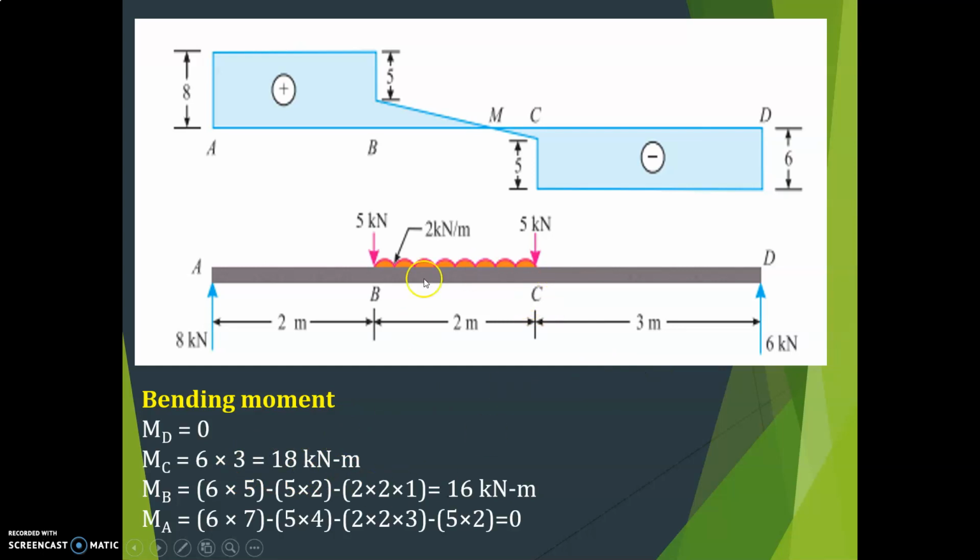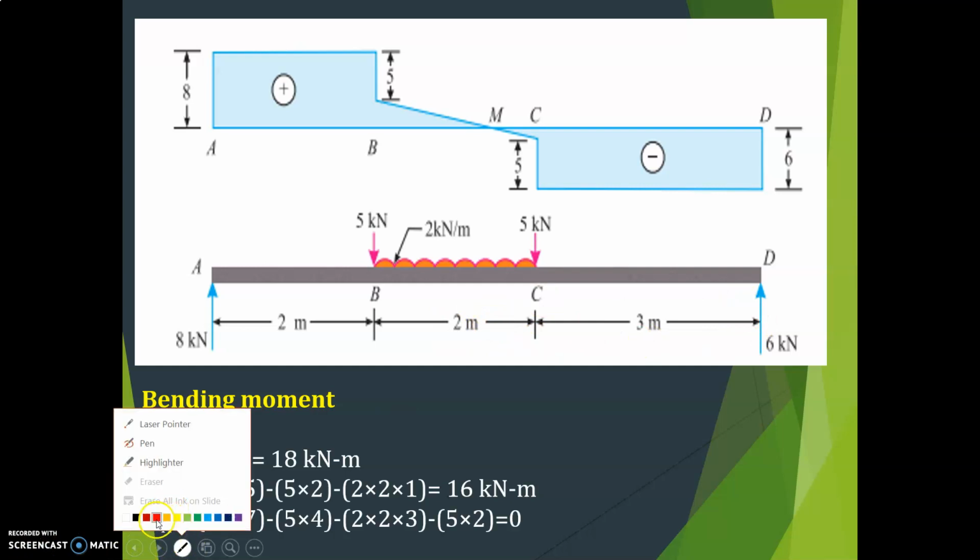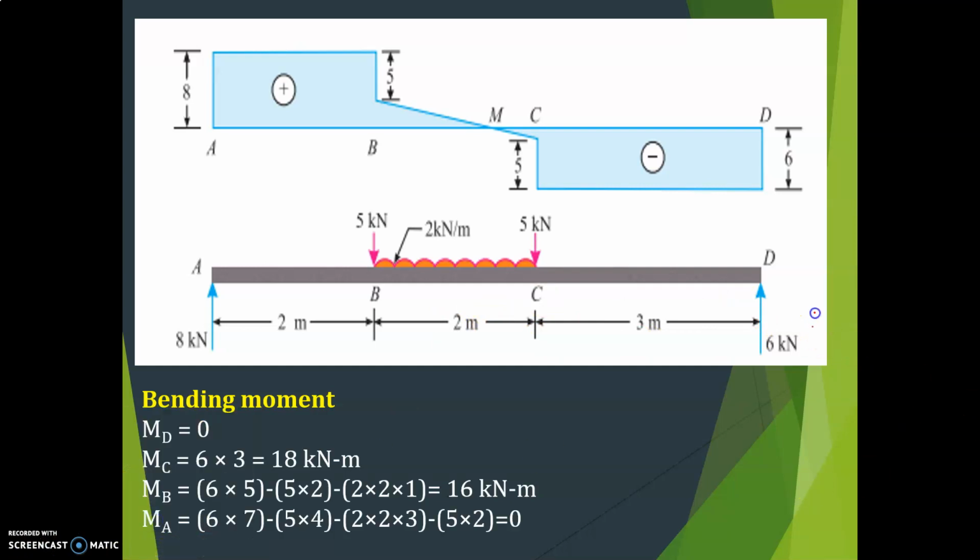Then at B, what is that? 6 into 5, this distance, and here this direction is like this. That is plus 6 into 5 minus, this is like this, so minus 5 into 2 minus 2 into 2 into half of 1, that is again like this direction, so minus, so you get 16 kilonewton meter.